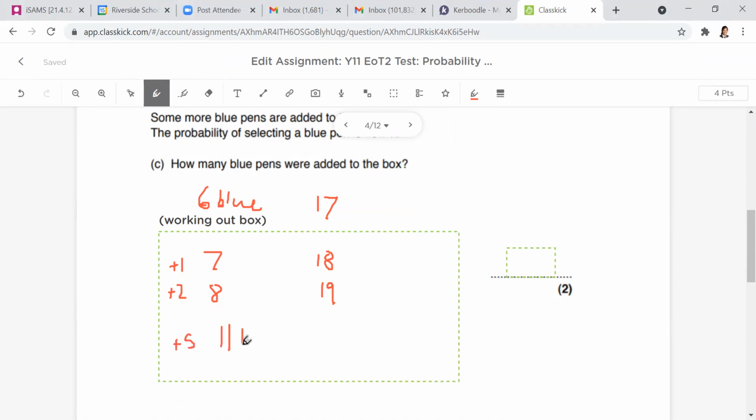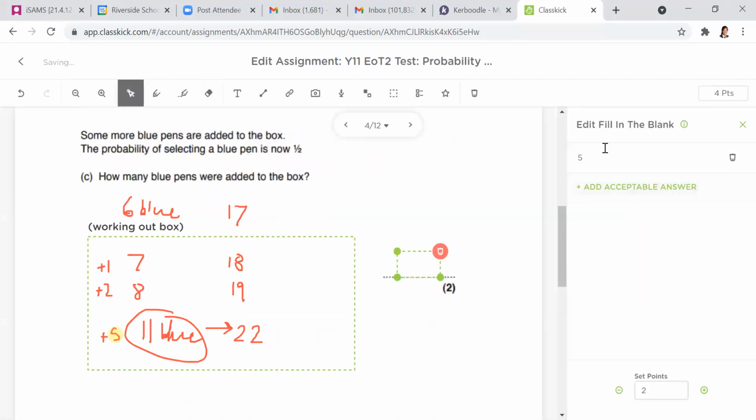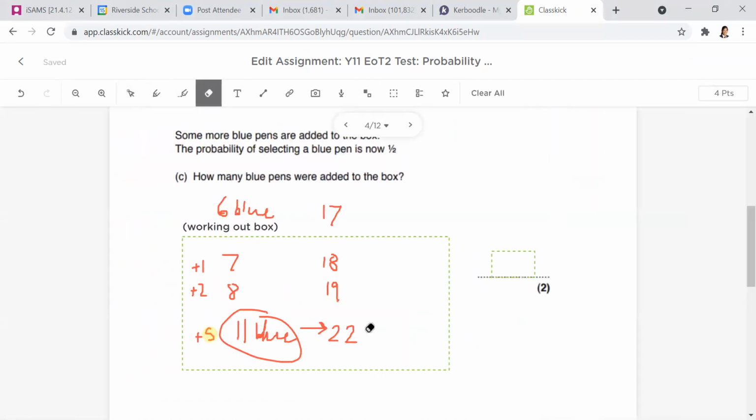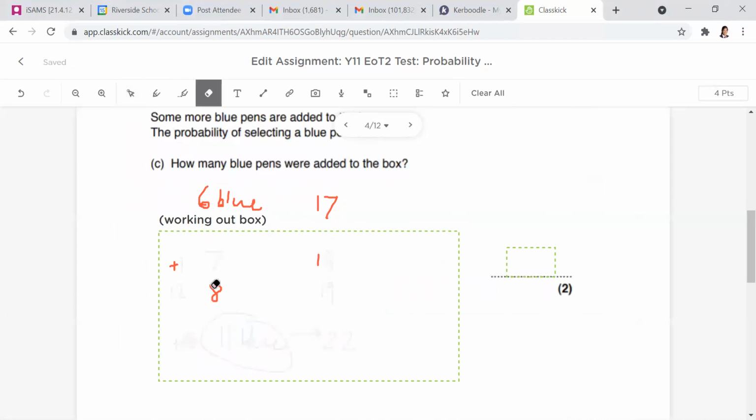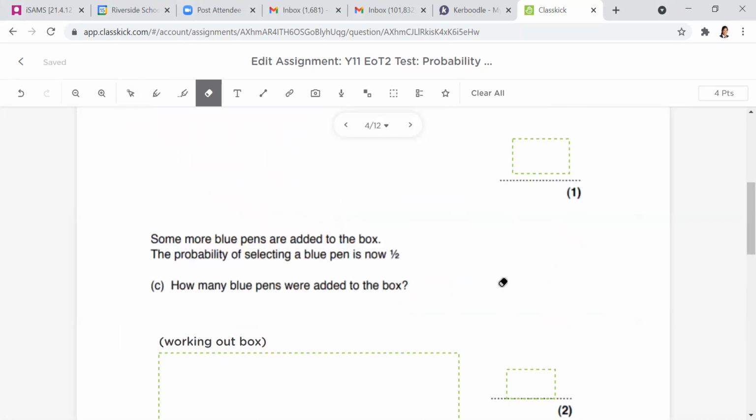So that's 11 blue. 17 plus 5 is 22. And look, 11 is half of 22. So in total, I added 5 pens. Answer was 5. Not too many people got that one correct.